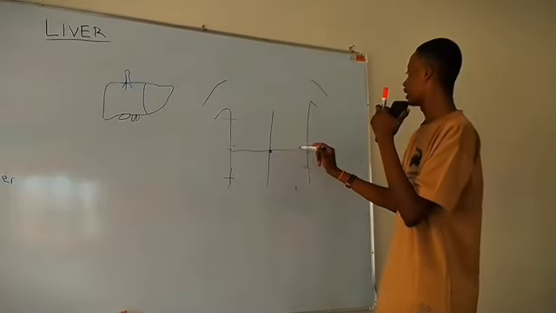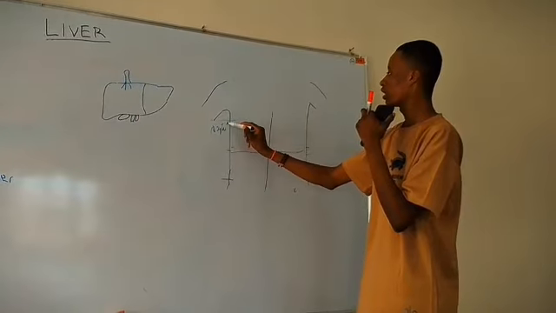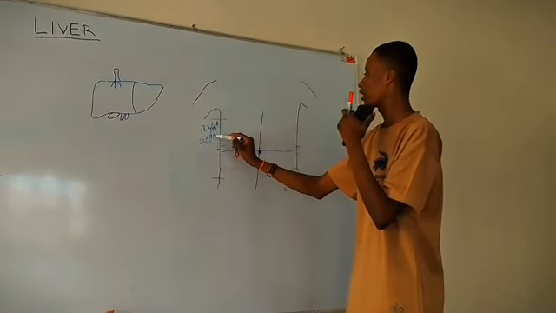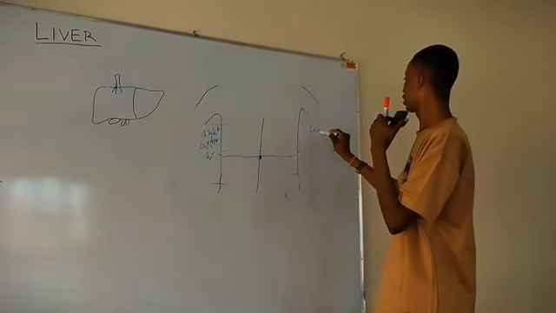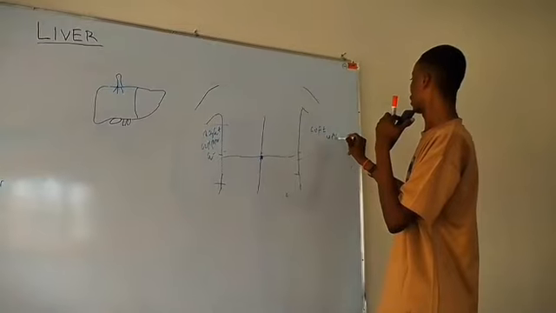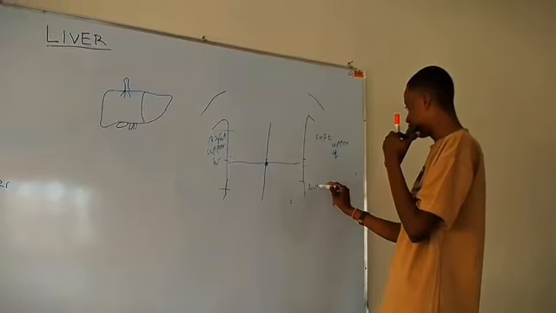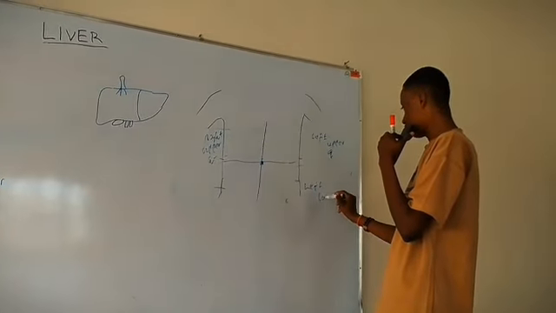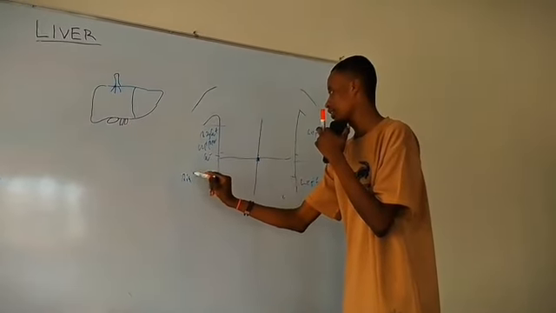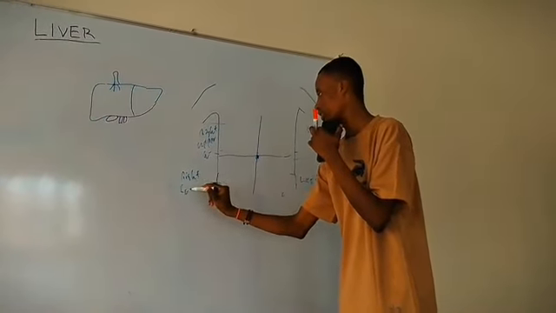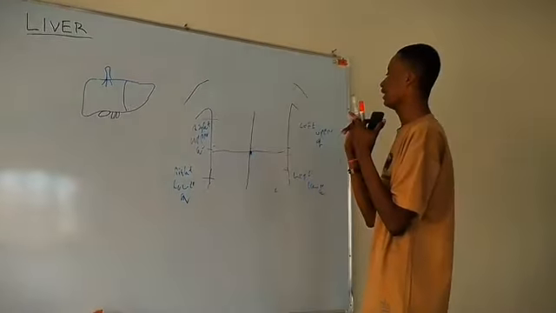Then we call here the right upper quadrant. We call here the left upper quadrant. We call here the left lower quadrant, and finally the right lower quadrant.